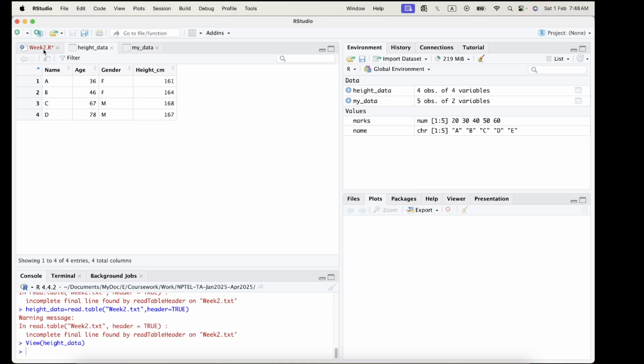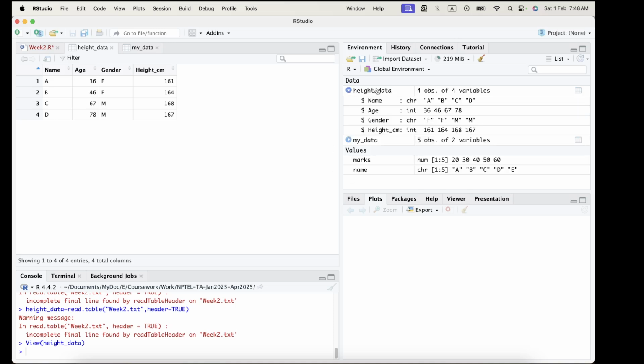Now if I want to look at the structure of my data frame, in RStudio I can click on here and see that name is of type character, age is integer, gender is also a character, and height is an integer variable.